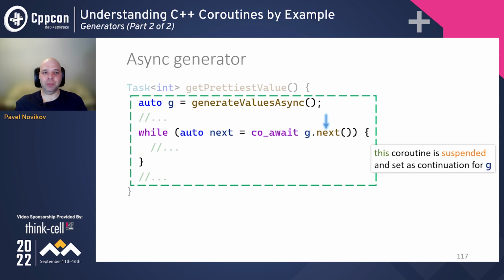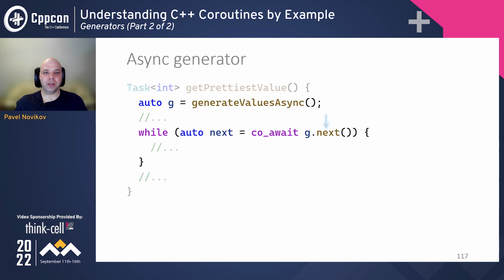This continuation can be some other coroutine that our generator awaits on, or it may be the generator coroutine itself. Anyway, at this point, this coroutine, the get-largest-value coroutine, is suspended. We pass the control to the continuation of our generator.